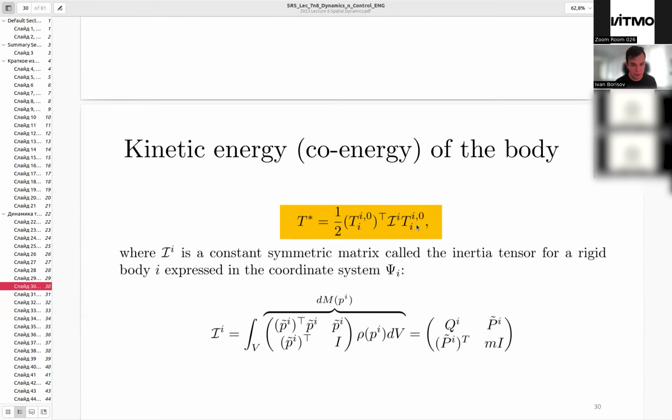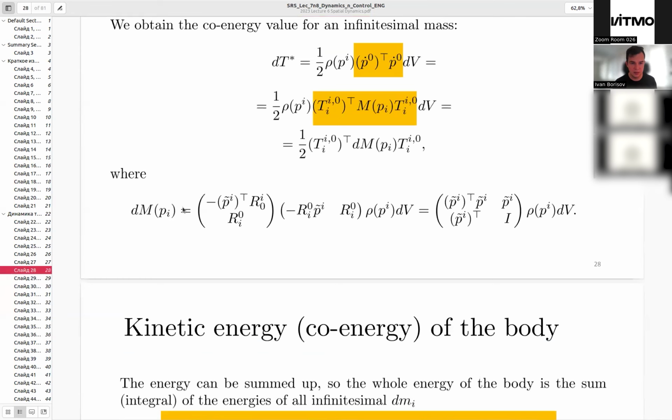And how can we compute it? Basically, this is the formula that we have just derived from scratch. So we have done everything from scratch to derive this equation. So you do not need to believe me out of the blue.